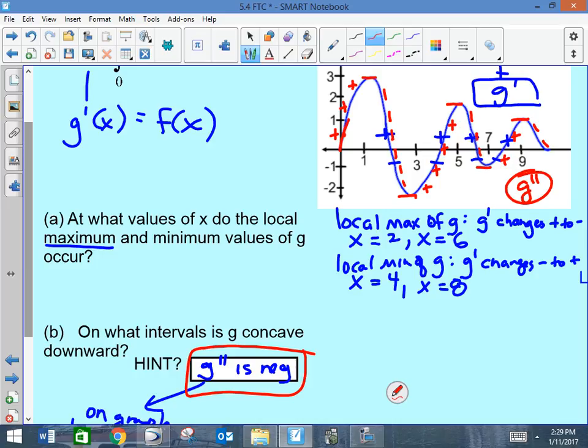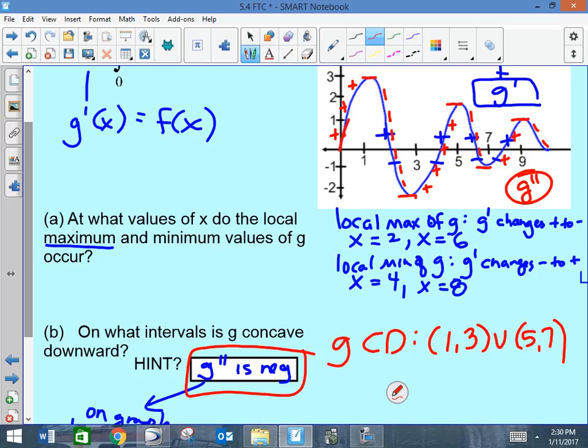Okay, so concave downward, we're talking intervals now. From 1 to 3, and then 5 to 7. Oh, and then also it would be 9 to infinity, I guess.